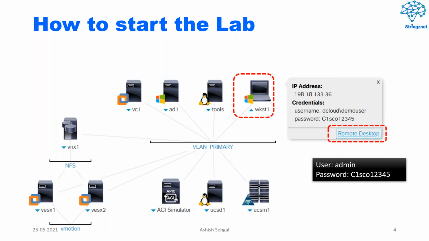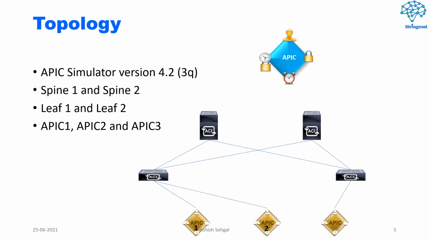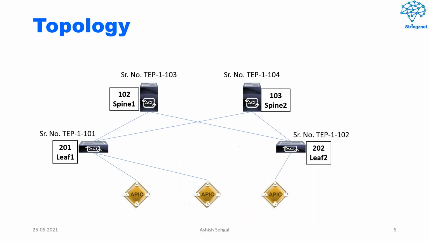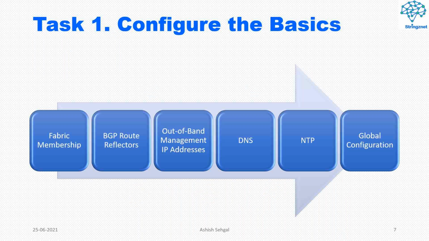This is the topology: 2 spines, 2 leaves, and 3 controllers. The version of our APIC simulator is 4.2(3Q), and 3 controllers. Wow, wonderful.